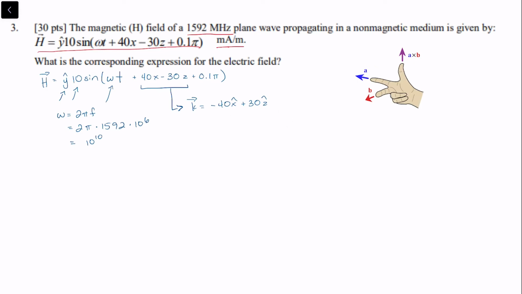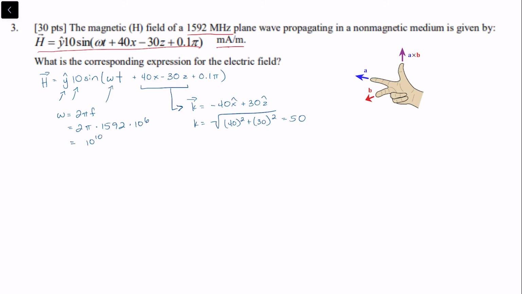Now, from this k vector, we also can find a value of k. K is simply the square root of the squared sum of the values. That's 40 squared plus 30 squared, square rooted. That equals 50, because it's a simple 3, 4, 5 triangle. Now let's see what else we have.